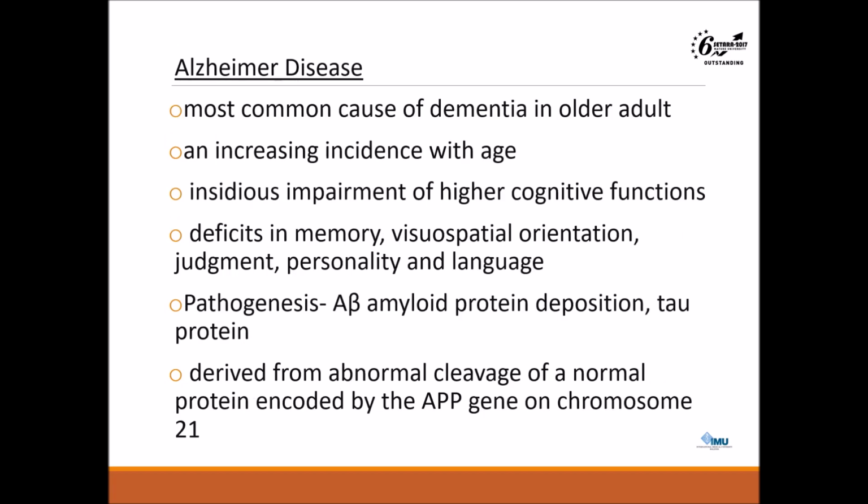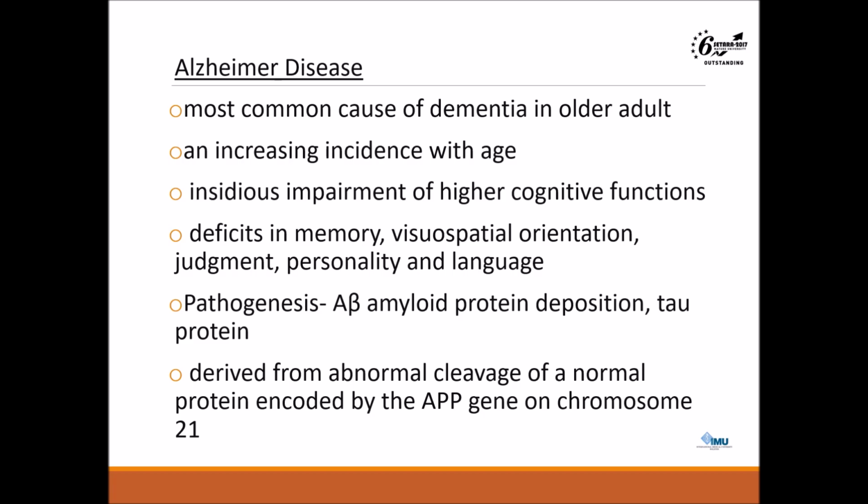The most common neurodegenerative disorder is Alzheimer's disease. Alzheimer's disease is also the most common cause of dementia in older adults. It is a disease of old age and its incidence is increasing with age. Clinically, the patient presents with insidious impairment of higher cognitive function, like deficit in memory, visual spatial orientation, judgment, personality, and language.